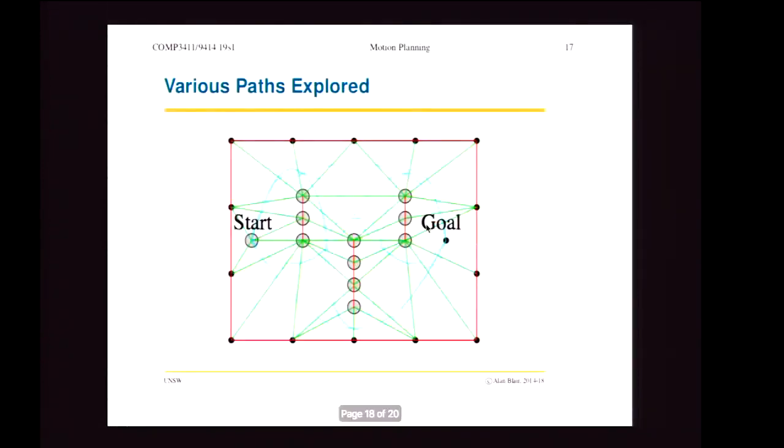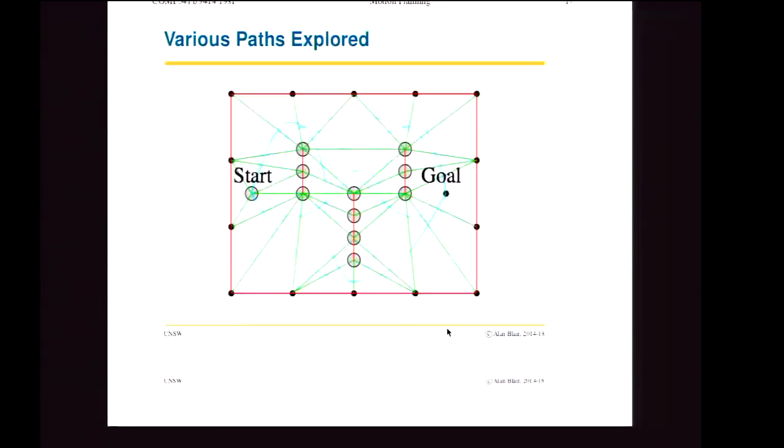And I do that for each segment, and then for each sort of topological path, I try to find the minimum length trajectory for that topology, and then I'm choosing between different topologies. So I could either go around this way, or around this way, or around this way. I've got multiple paths to choose from.